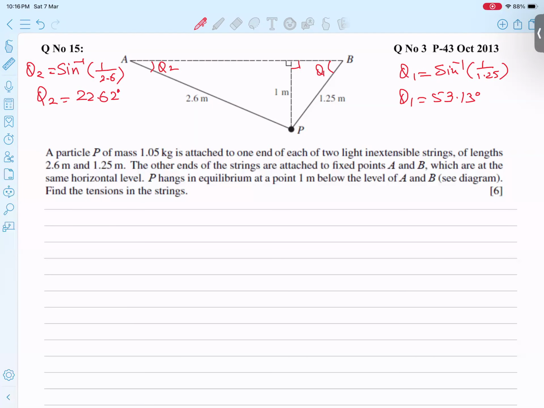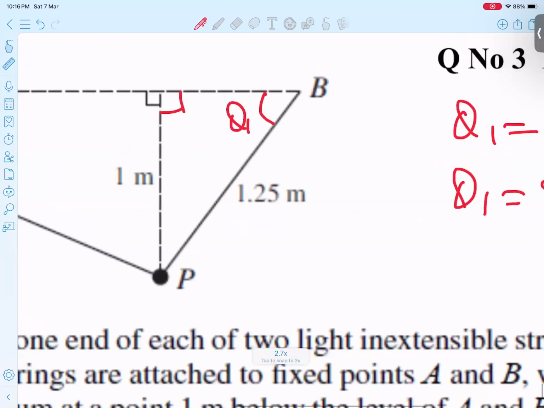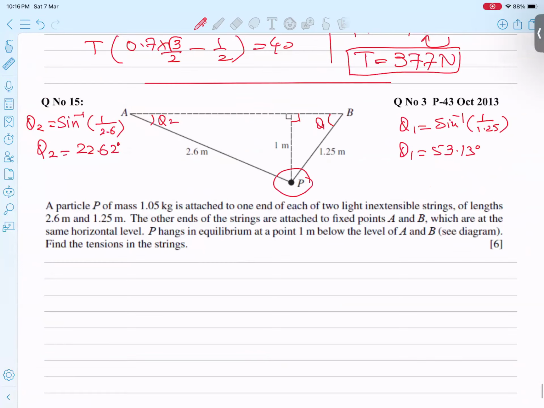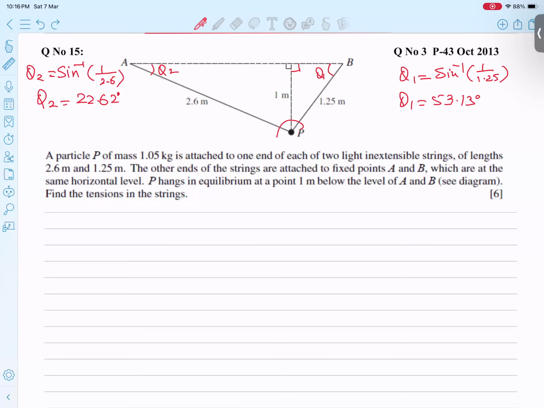Now students, common sense: due to the weight hanging downwards, what is the weight? This particle, you can see here, has a mass of 1.05. Multiply by 10, this is the weight acting downwards, naturally 10.5 newtons. So this is very clear.